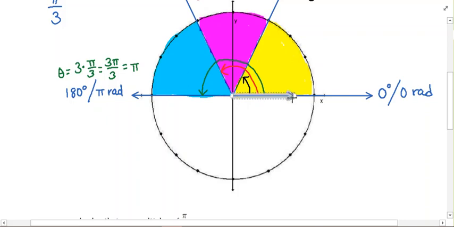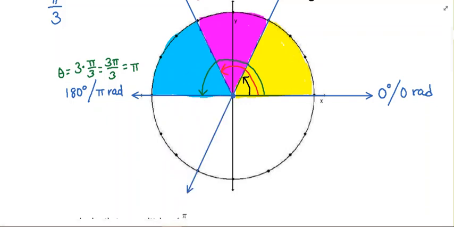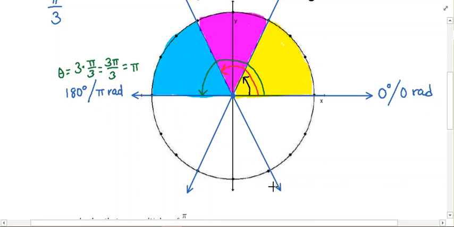So if we did that here, start with your initial side, rotate around counterclockwise, that would bring us here. All I'm doing is breaking the bottom piece into 3 equal parts. So there's another one. Let's do it again. Get in standard position, rotate around. So here's another piece.